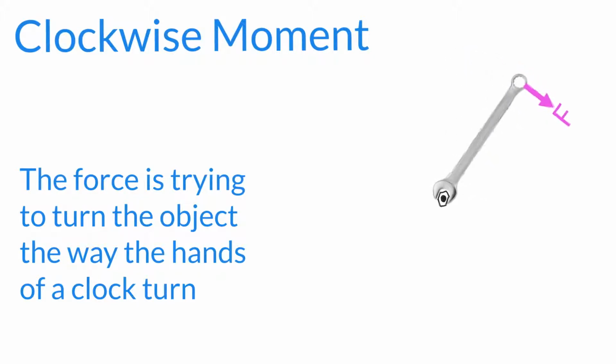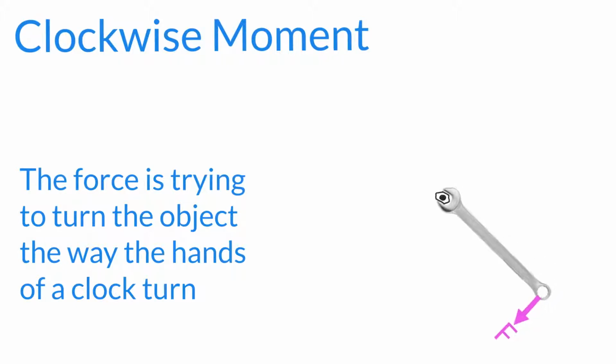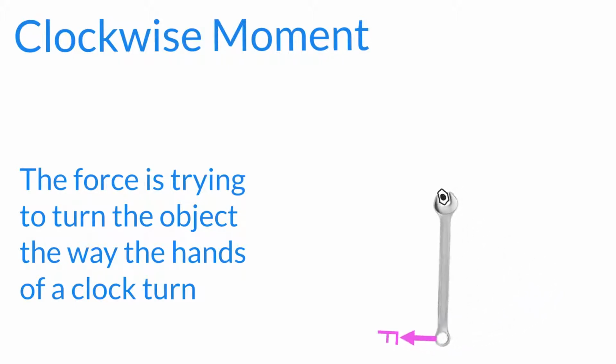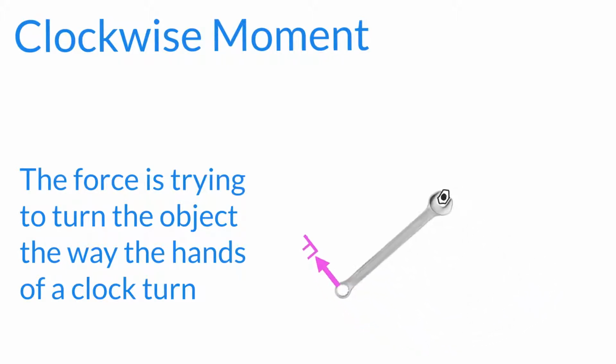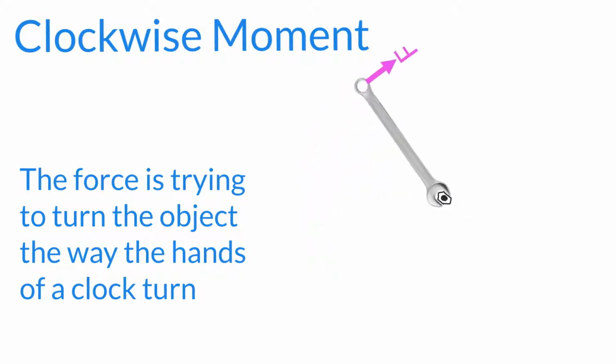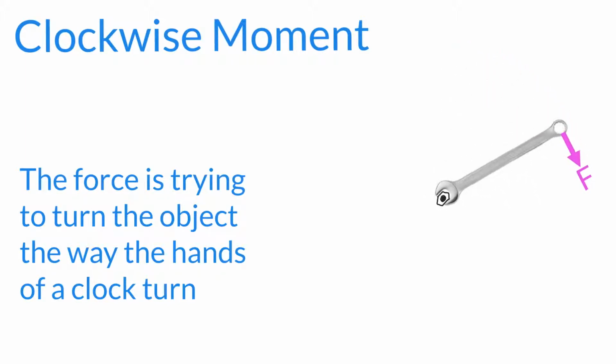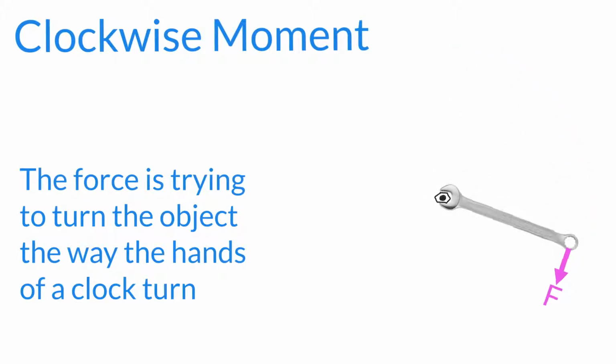So we say that this force down on the right hand side here, or you'll see that you get the same behavior if you're pushing up on the left. So up on the left, down on the right, both create what we call a clockwise moment.